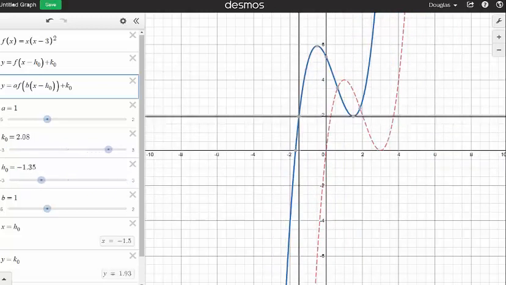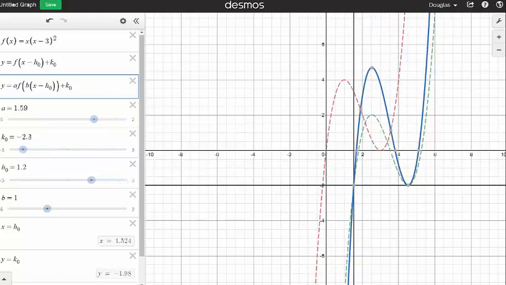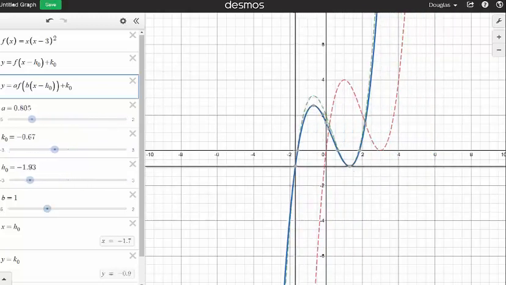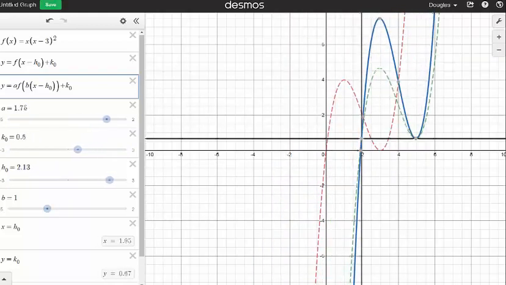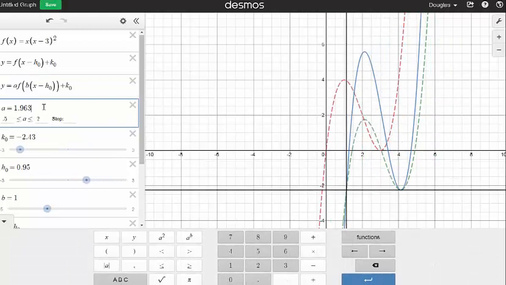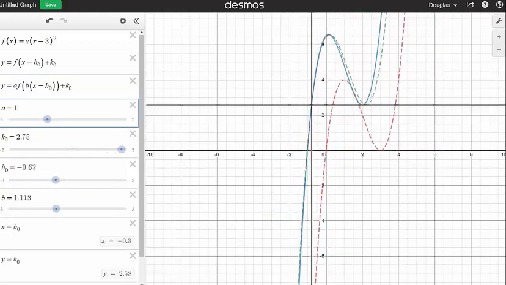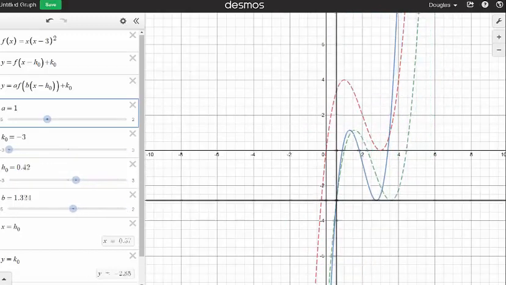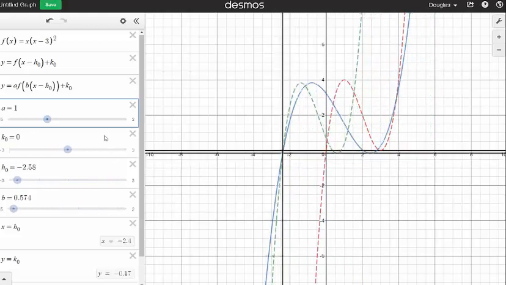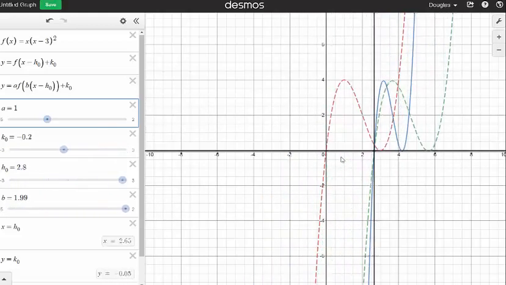Now we're going to add a little stretch here. Note it's being stretched vertically, and it's always being stretched in relation to the new axis. Let's bring this back to 1 and look at the other direction. Again, it's being pulled out and then pushed back in towards the y prime axis, the new y axis.